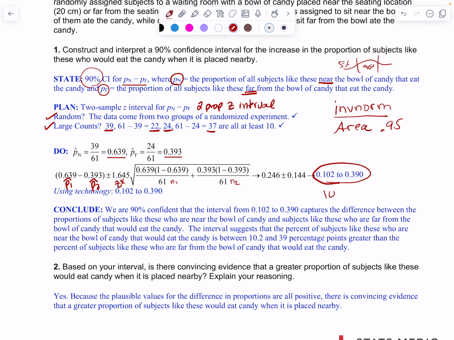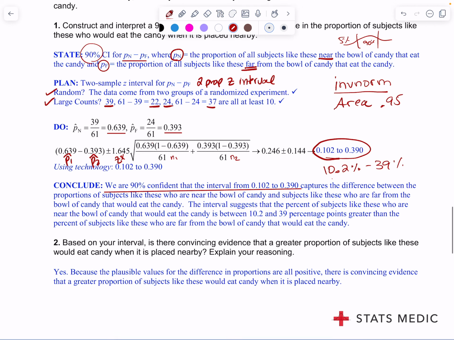And so that's between 10.2% and 39%. And then I just say, here, my conclusion says we are 90% confident that the true interval captures the difference between the proportions. Okay, between 10.2 and 39% higher in p1 than p2. So p1 is the near rather than far.